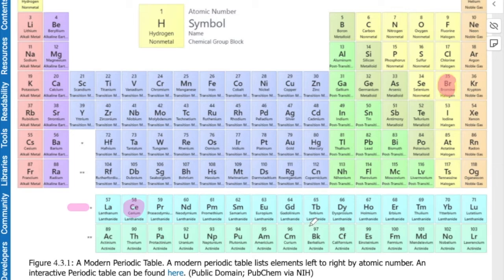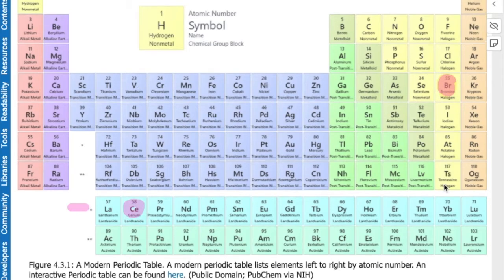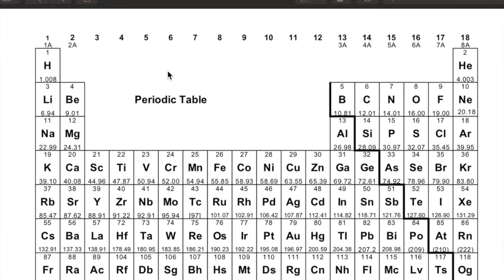Then we want a metalloid in group 14. So the groups are numbered across the periodic table, 1, 2, 3, 4, 5. The group numbers are not written on this particular table, but the copies that I have on Canvas for you to download and the second page of the note packet have the group numbers written on them. Okay, so here's a copy of that periodic table with the group numbers written 1 through 18.